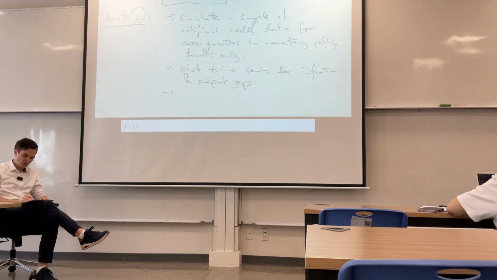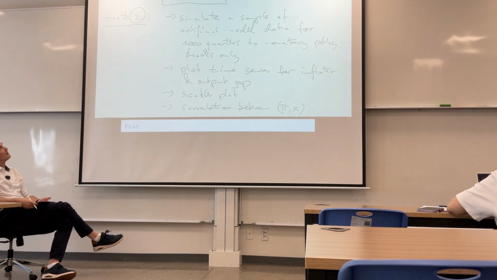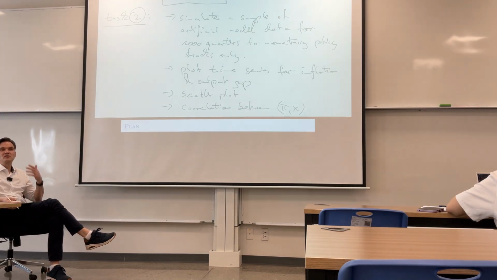Then I want us to produce a scatter plot and compute the correlation between pi and x, for this model with monetary policy shocks only, related to the things we discussed on Wednesday.